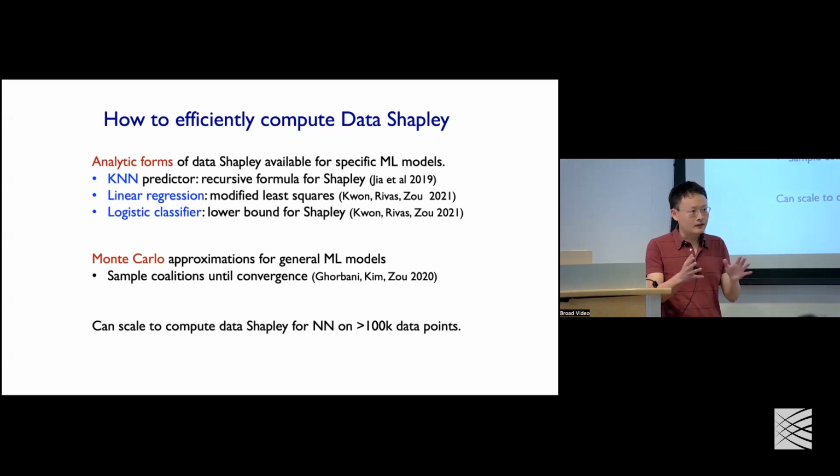Some of these data values could change depending on which specific architecture they choose. But often what we found is that the data points that have negative values end up being pretty consistent across the different models you use, because those are the data points that are misannotated. So those are consistent across different models.